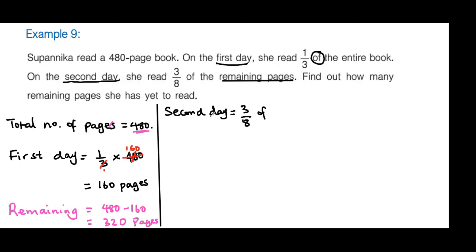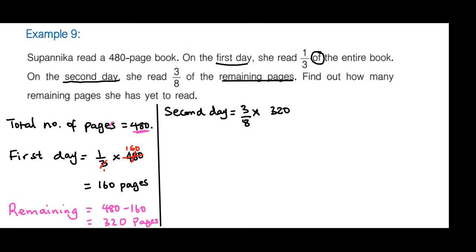Now, on day number 2, she read 3 out of 8 of the remaining pages, which is 320. Okay? Remember, of means times. So let's get the answer.